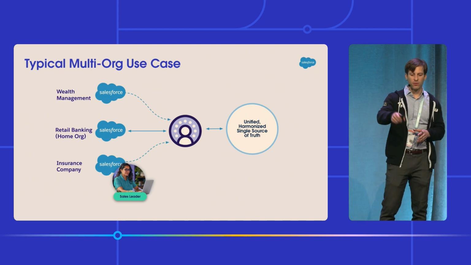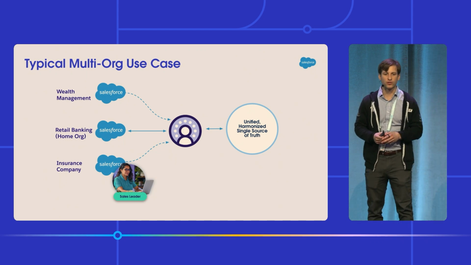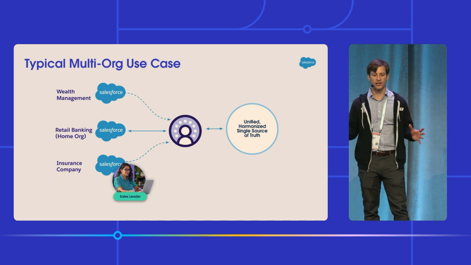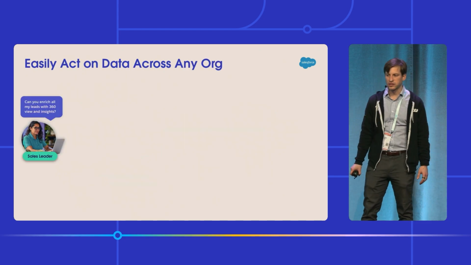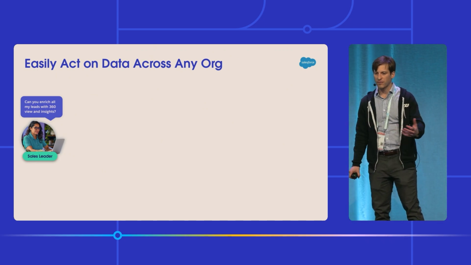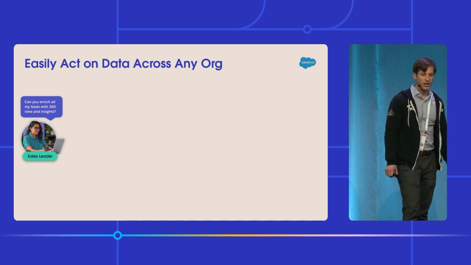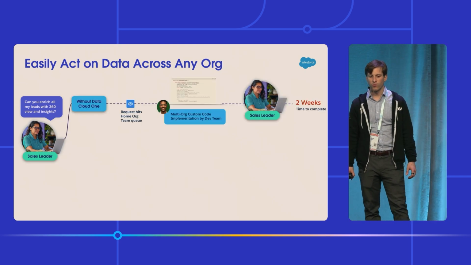But today, without Data Cloud 1, the wealth management and the insurance company orgs don't have access to those Data Cloud insights. So let's take a look. We have Sally here, who's a sales leader, and she's looking to enrich her leads so that she can go after folks who would be interested in insurance. Well, like we said, without Data Cloud 1, what would this look like?